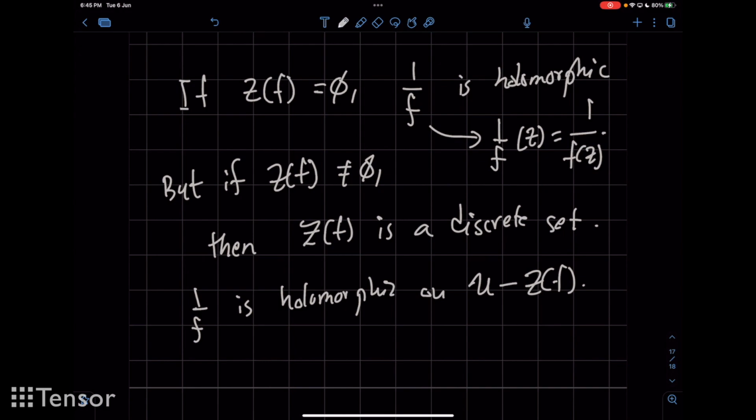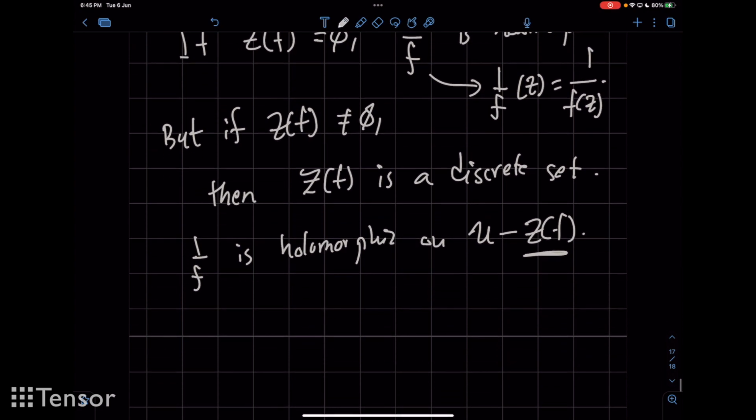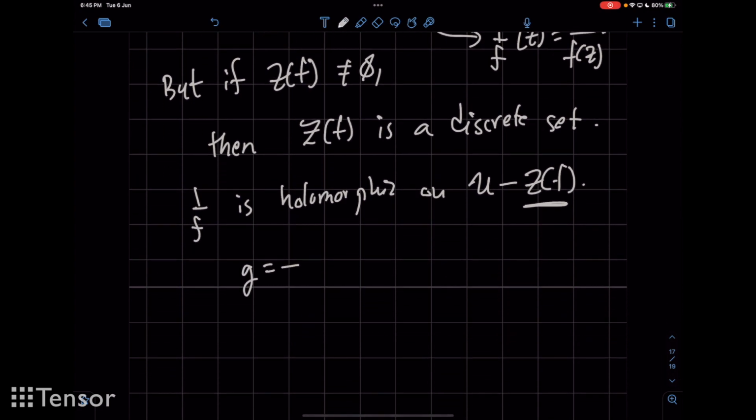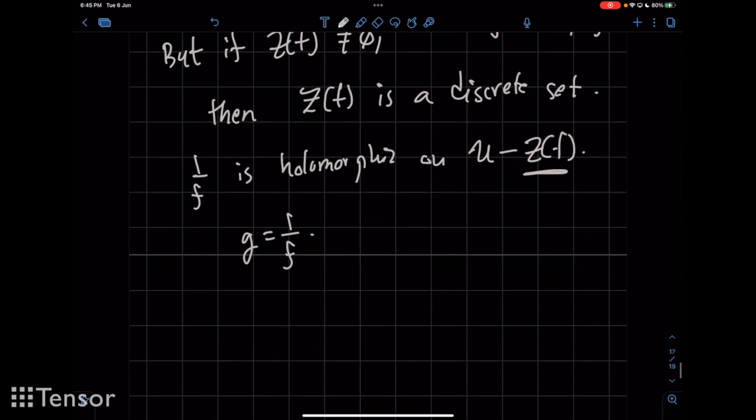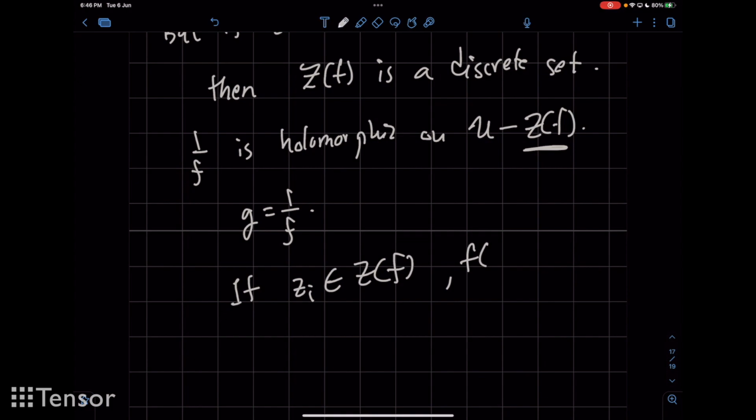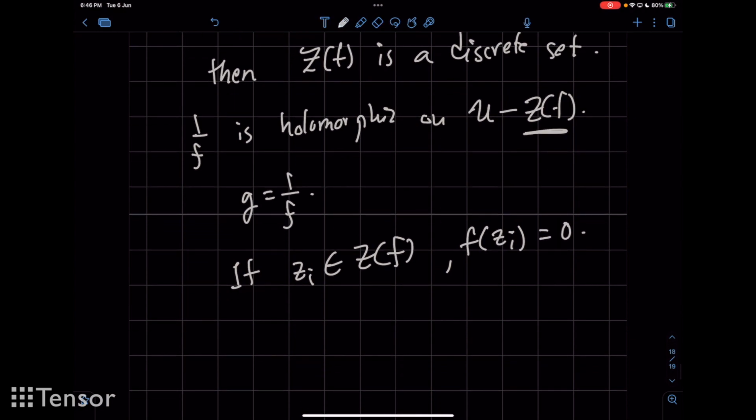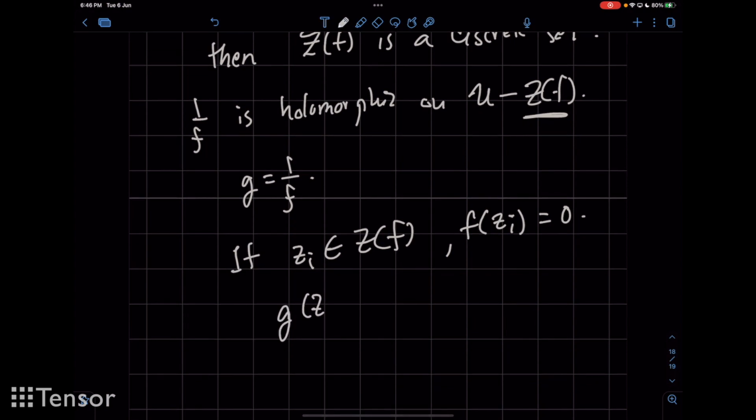And what about the values inside this Z of f? Let's call 1 over f to be g. Then if I take some z_i inside this Z of f, then f of z_i is 0. Well, g of z_i is not defined, right? Because 1 over 0 is not defined. But if we take the limit as z goes to z_i, what do we get? What is that limit?